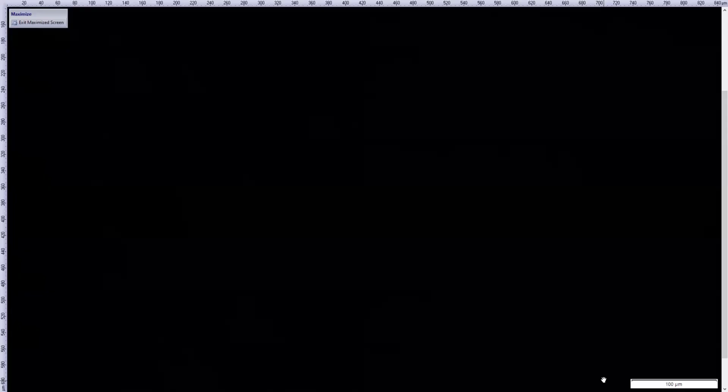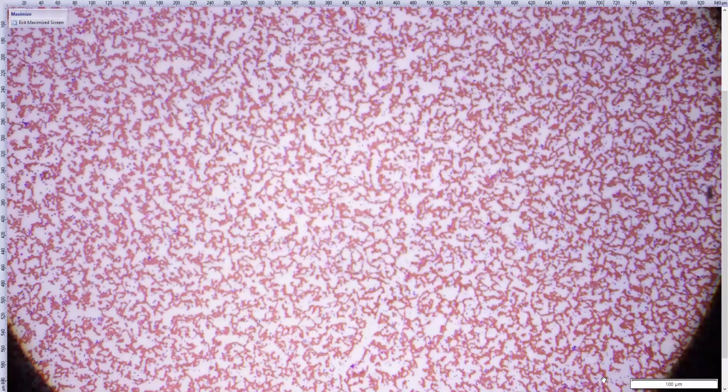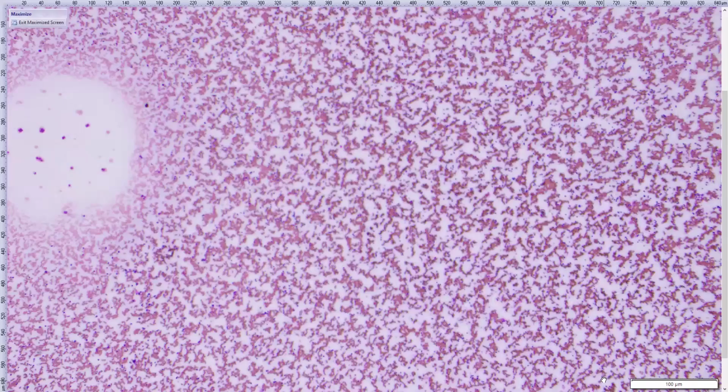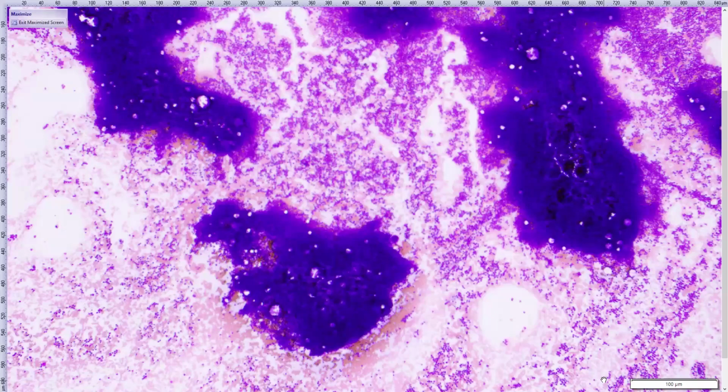Now, let me show you the bone marrow aspirate smear. I'm looking for a part that has bone marrow spicules. And here, this is the spiculated part of this bone marrow.